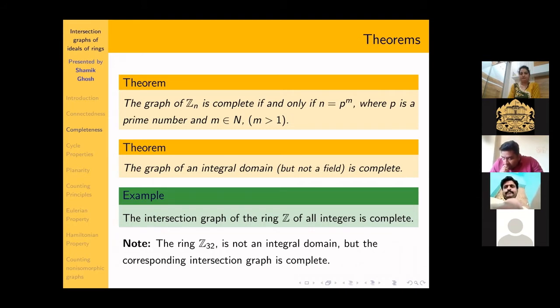Here you see that if you consider Zp, then Zp has a void graph, an empty graph, because the only ideals are the one generated by 0 and the whole ring generated by 1. So there is no non-zero proper ideal in Zp. Zp is a field and a finite integral domain, but there is no non-zero proper ideal.